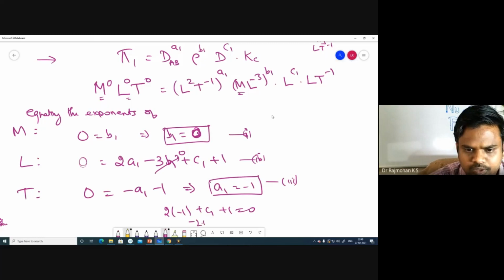This is minus 2 plus 1 plus c1, which makes c1 minus 1 equal to 0. So c1 is equal to 1.